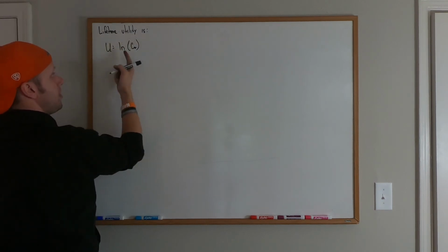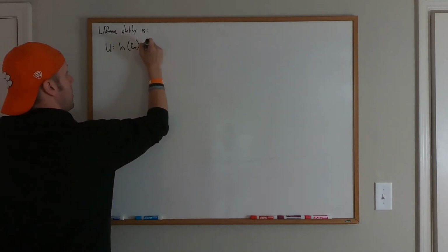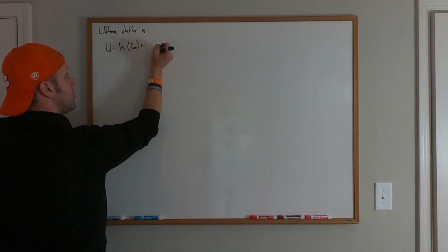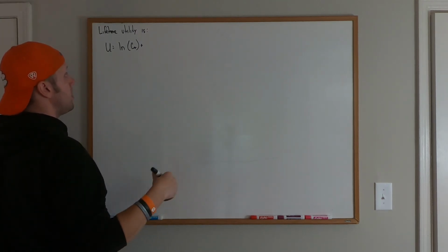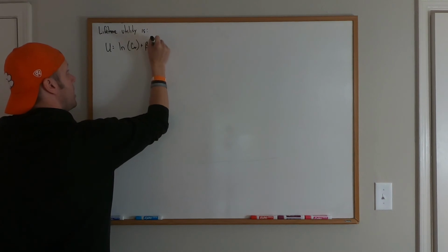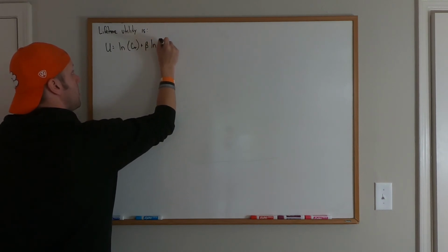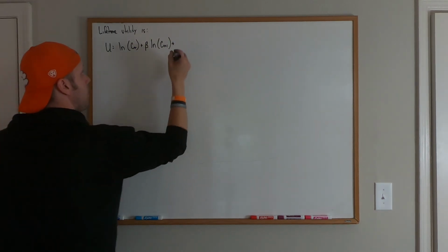Well, I'll have utility of consumption today, natural log of CT. I'll have utility of consumption tomorrow, but remember, tomorrow's utility of consumption is worth a little bit less than it is today. So I've got beta times the natural log of CT plus 1. I want to add it out for another day.